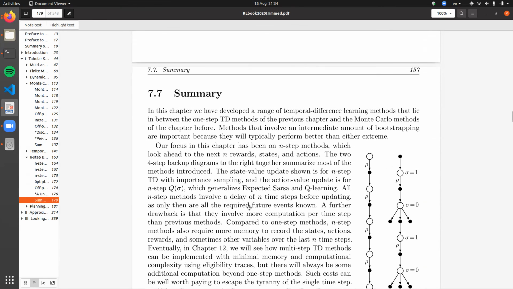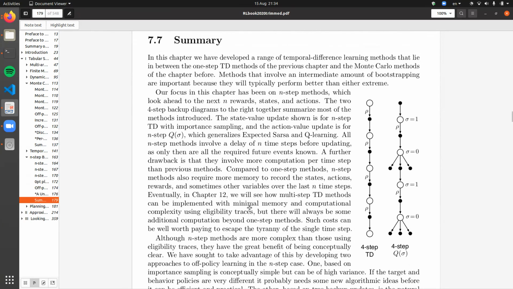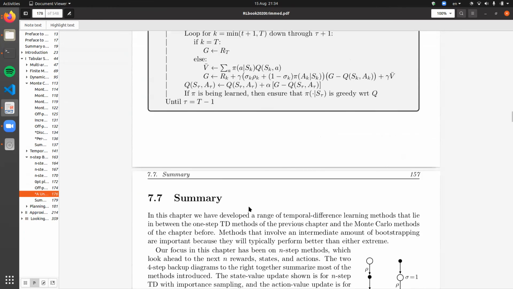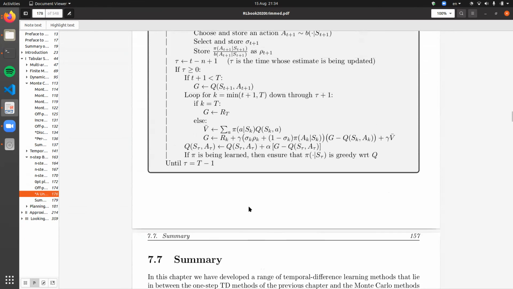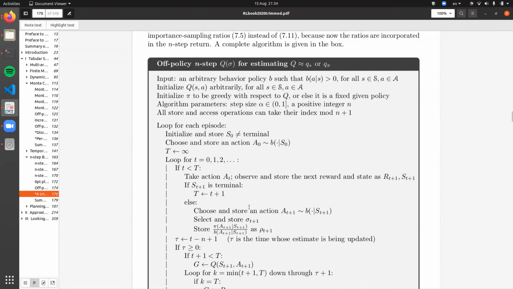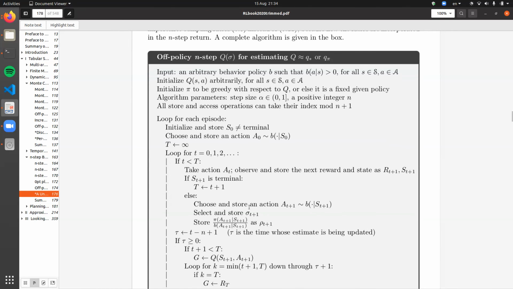That is pretty handy, and it reduces the memory requirements associated with n-step bootstrapping. So that will also be interesting.